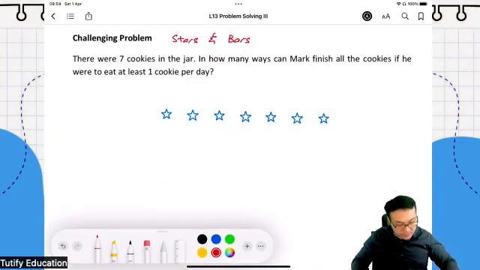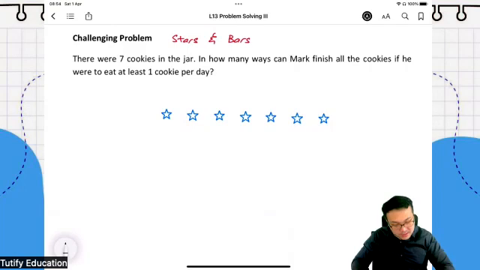So, can I ask Zachary, what does it mean if I draw my bars like this? On the first day, what?